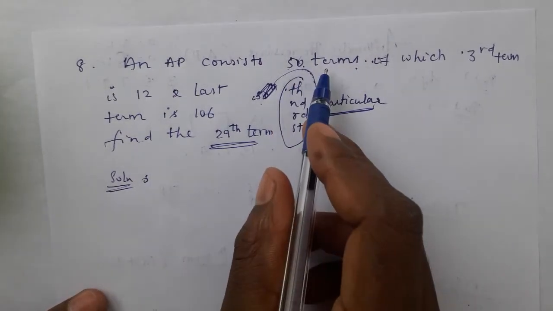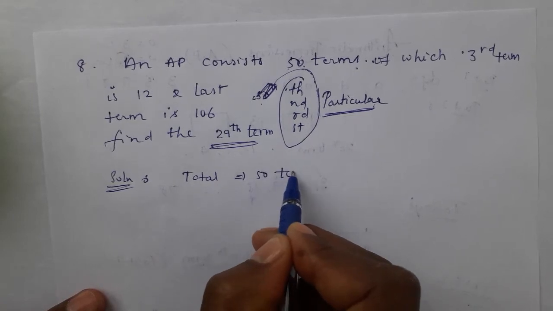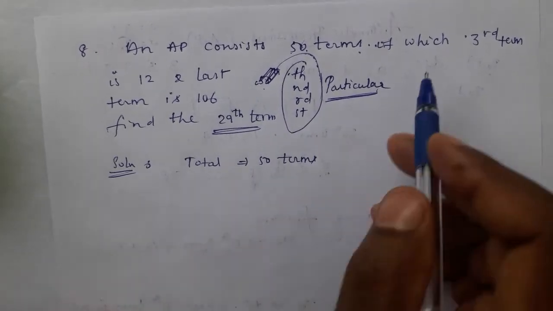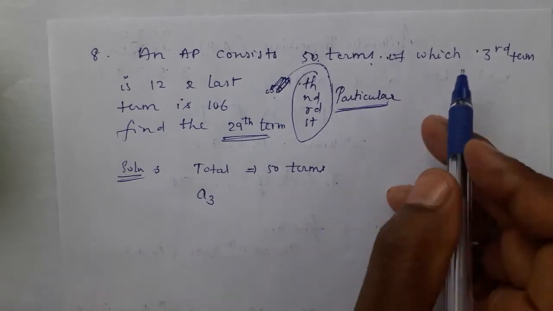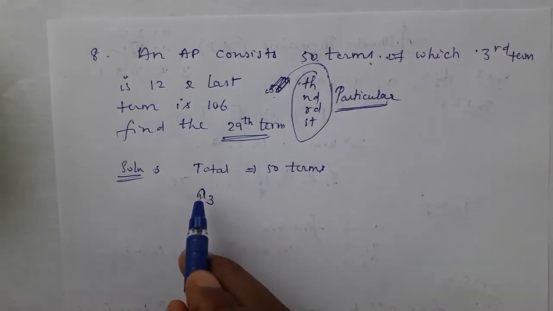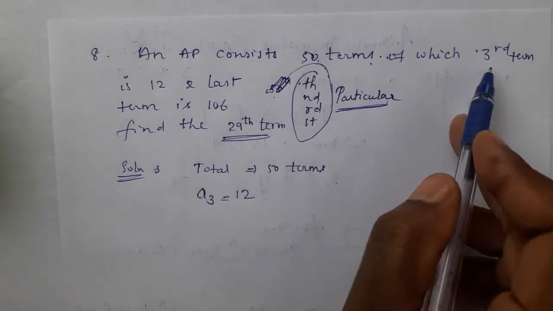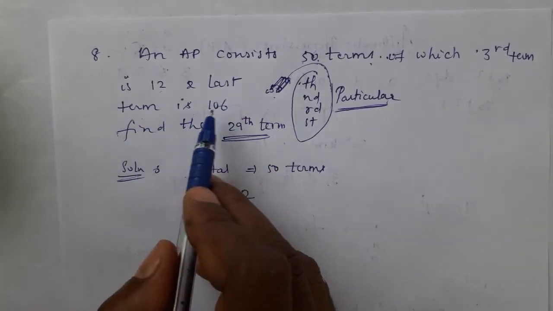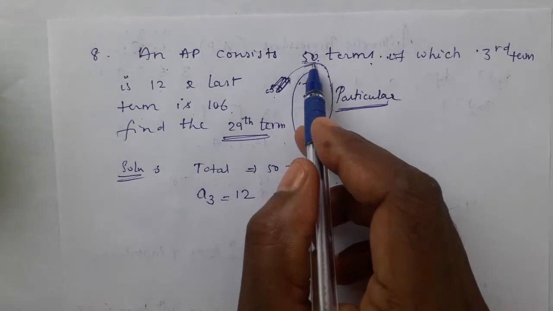Totally 50 terms are there. Remember, total 50 terms are there. Now we'll start one by one. Third term: how to write it? A3, the third term, is equal to how much is given? 12 is given. Write it. Third term is 12. Next, the last term is 106. Usually last term means An only, but they said here 50 terms are there.